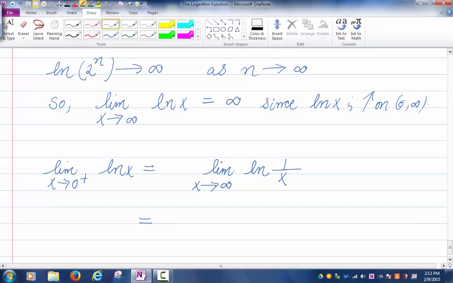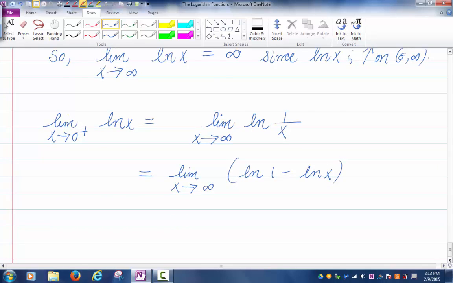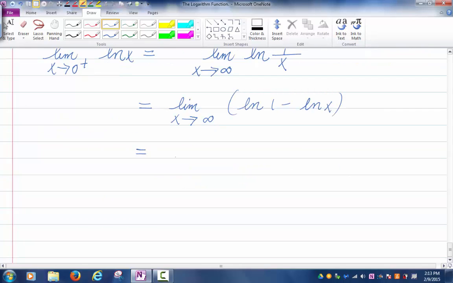Now, let's apply log rule number 2. It will say that ln of 1 over x is ln 1 minus ln x, right? That's log rule number 2. What is ln of 1? 0, so I get the limit as x goes to infinity of negative ln x.